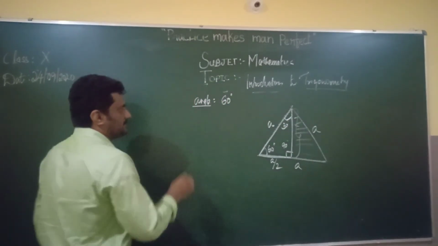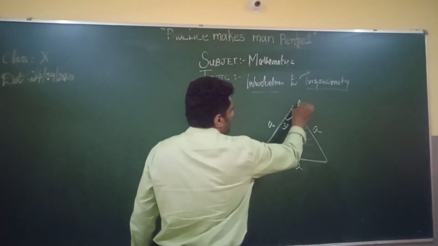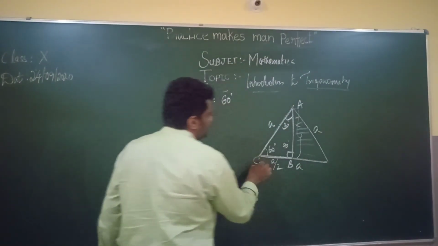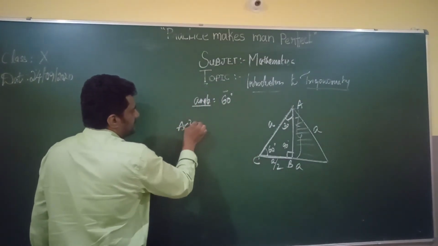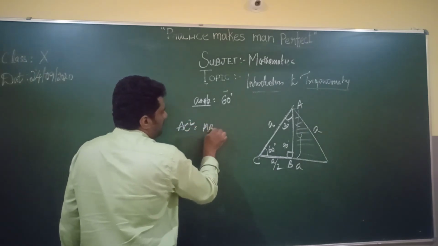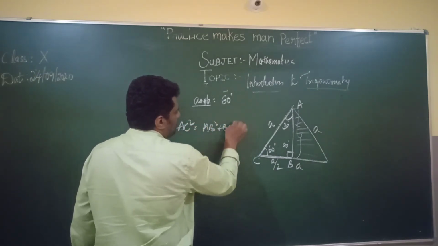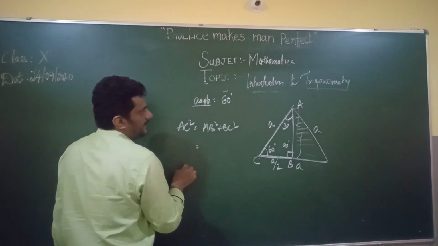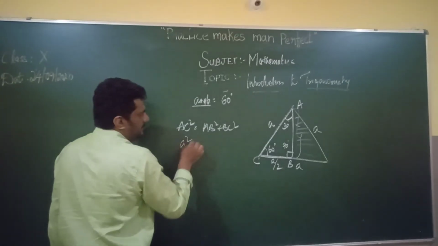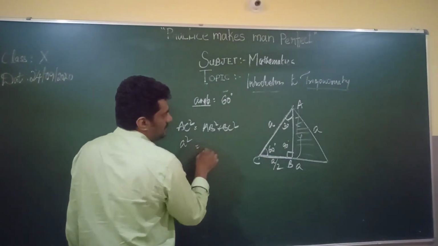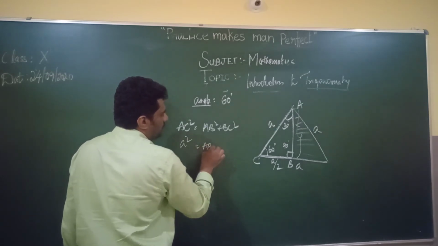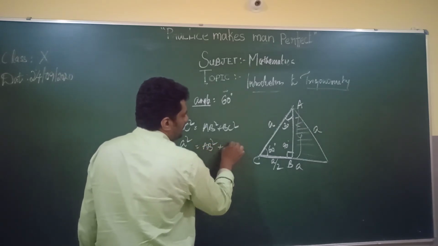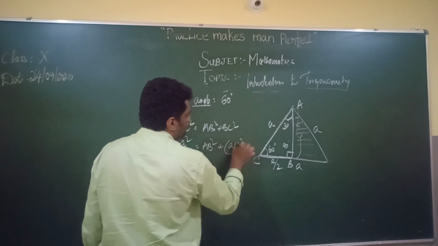Again apply Pythagoras theorem. If I take this as A, B, C, AC square is equal to AB square plus BC square. AC is A, so A square equals AB square, which we don't know, plus BC, which is A by 2, whole square.